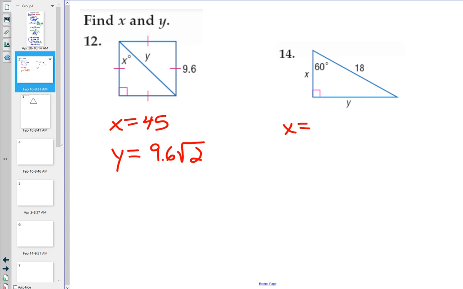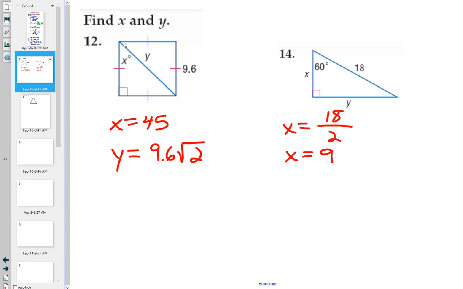If we're given the hypotenuse, how do we turn a hypotenuse into a short leg? Divide by 2. So take what they give you, which is 18 divided by 2. Now that I have the short leg, the world is mine.